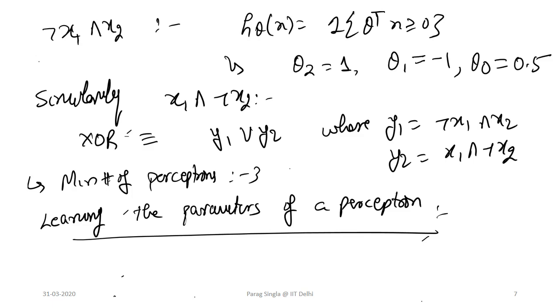Okay, so this is fine. Before we go to compositionality, this was just to understand the representational power of the composition. Now let us try to understand how we learn the parameters of a perceptron, in the next slide.